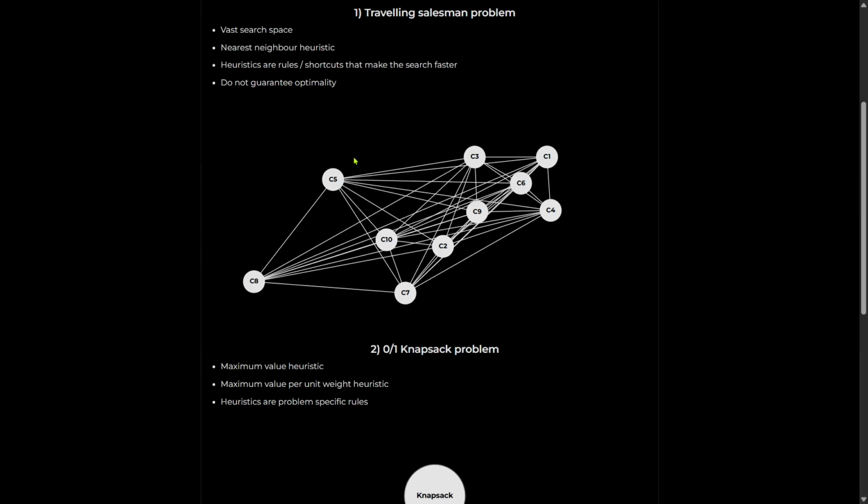For 5 cities, we will have 12 possible solutions, 60 for 6 cities, and as we reach 10 cities, the solution space will have over 100,000 possible candidates. This is a lot of solutions to check exhaustively.